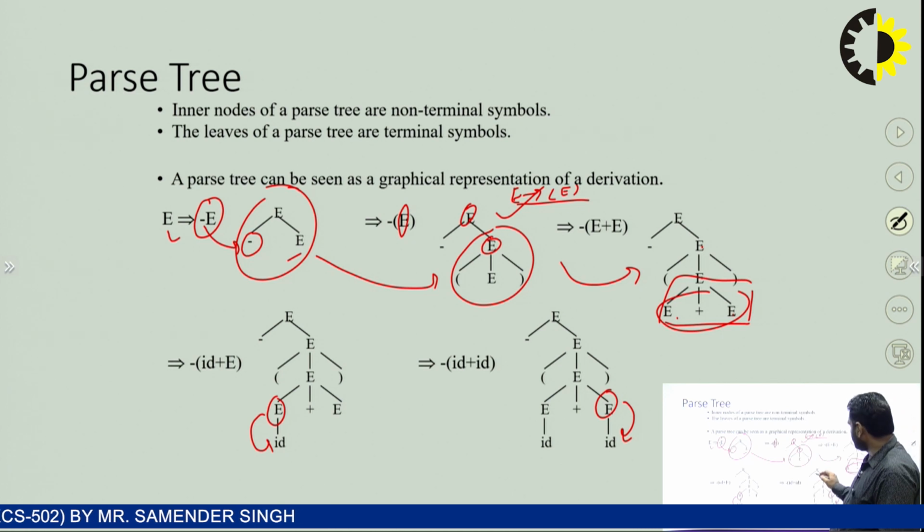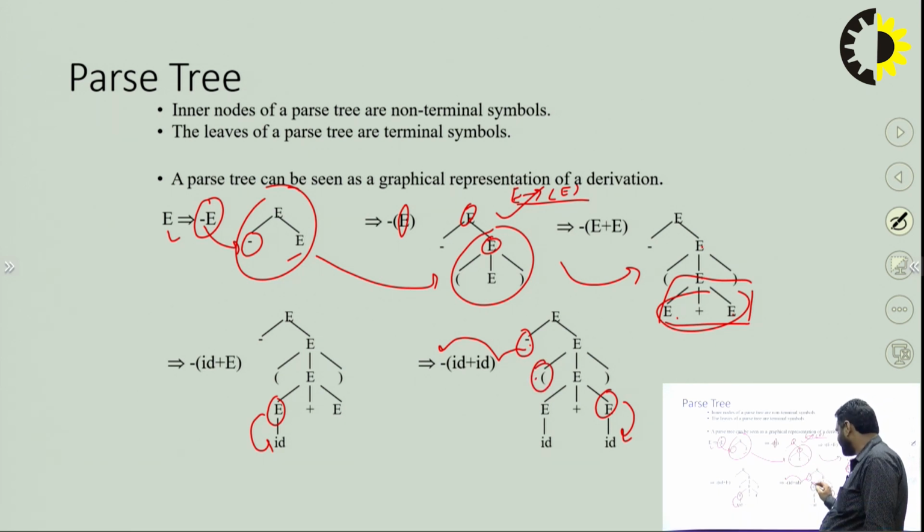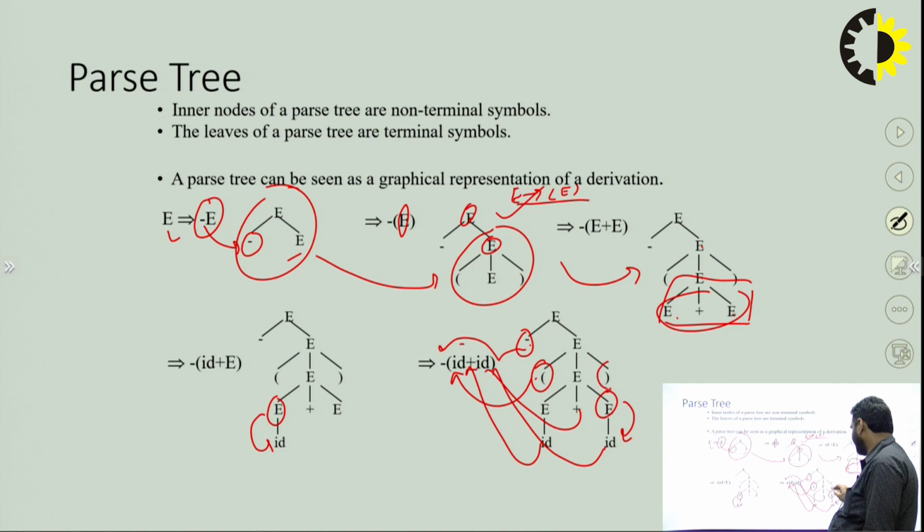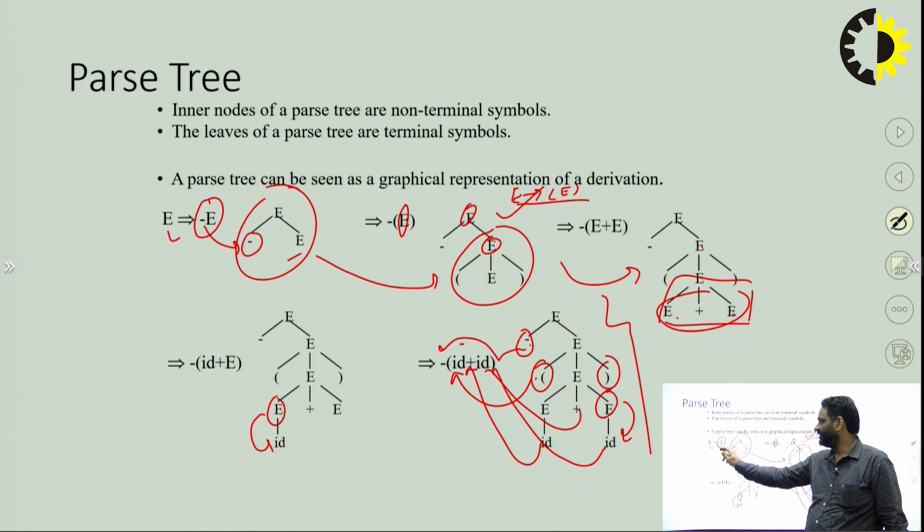The first symbol is the leftmost leaf. In the same manner, this is the second symbol, or second leaf, then the third symbol means the third leaf, then the fourth symbol, the fourth leaf, and then the fifth ID is the fifth leaf, and finally the last, the closing brace, is the final leaf of the parse tree. This is how we represent the given string by means of the starting symbol.